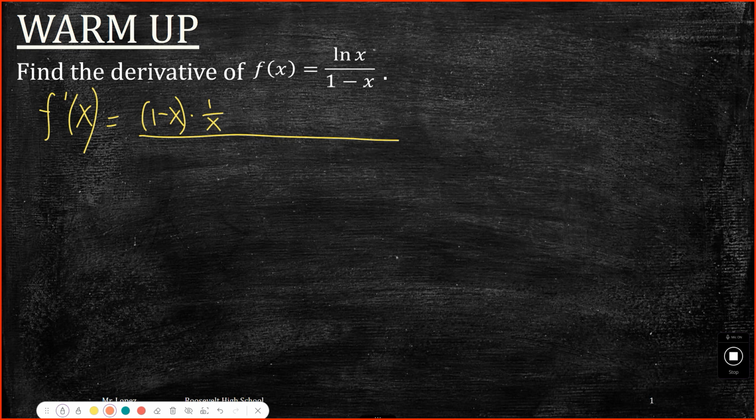Minus, the top times the derivative of the bottom. What's it going to be? Negative 1, the derivative of the bottom. Okay, all over the bottom squared.